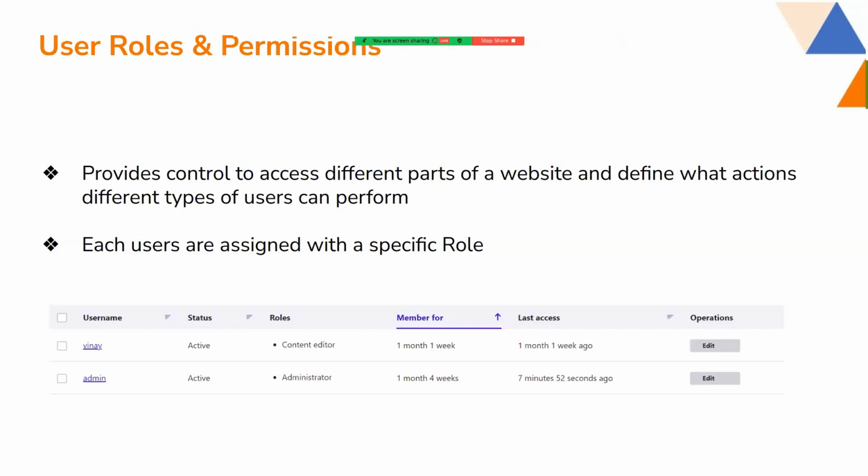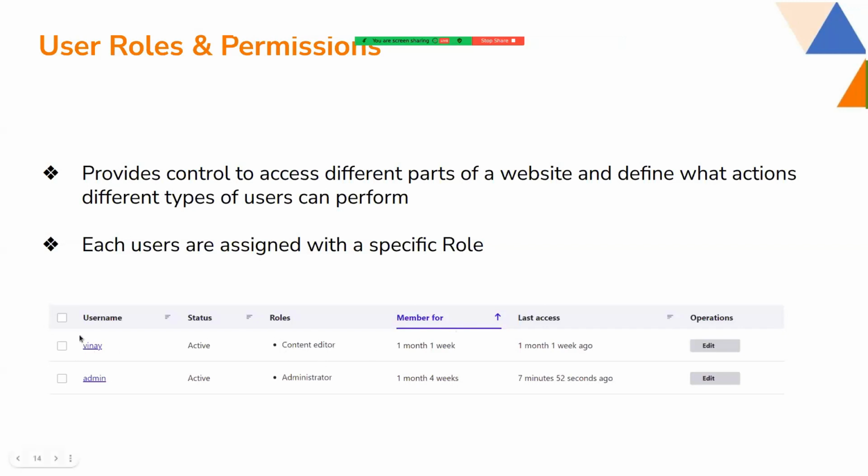Apart from these roles, Drupal also allows you to create multiple roles and assign the necessary permissions. Let's say you want a content editor to only create content, or only create and edit content, and you don't want them to delete content. You can give the necessary permissions to that specific role, and then each role is assigned to a user.